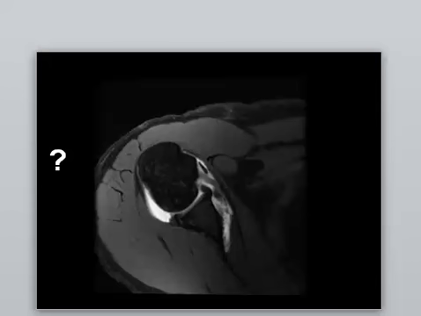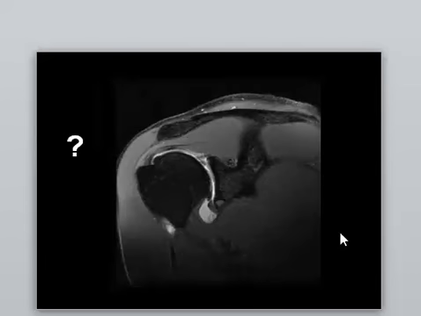Which tear is this? This is the subscapularis tear. Subscapularis tear is usually seen as this. What happened here? This is superior labral tear, or what we call SLAP lesion.